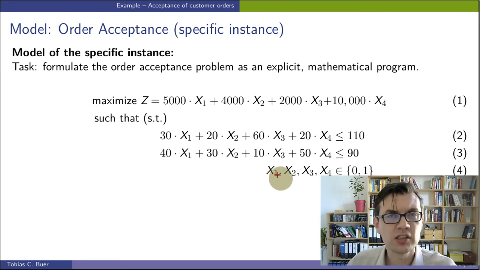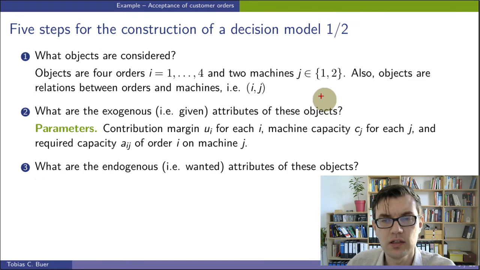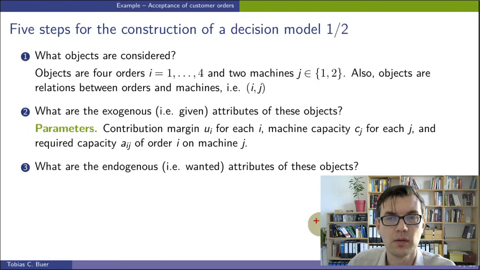Now, how to measure the goodness of this solution? We do this by using the following objective function. Let's get back to the given data, the contribution margin. Here in the rightmost column, for each order, a contribution margin was given. For example, for order number 1, 5,000 Omani Rial, for order number 4, 10,000 Omani Rial.